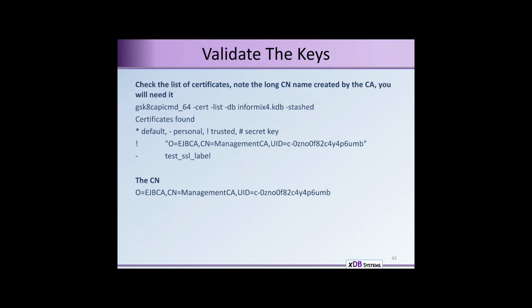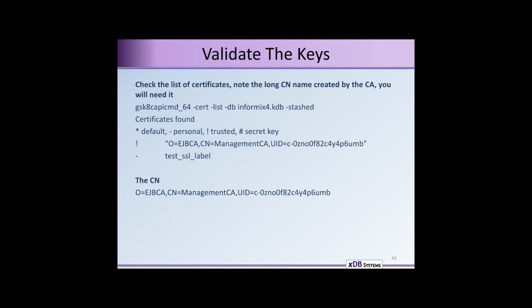So again, this is what it looks like. You can use GSKit cert list, and it will actually show you the certificates. So I'm using EJB for my own example. I just had this spun up as a Docker image just for proof of concept. Which will return back its own DN. In this case, it's this big long one.